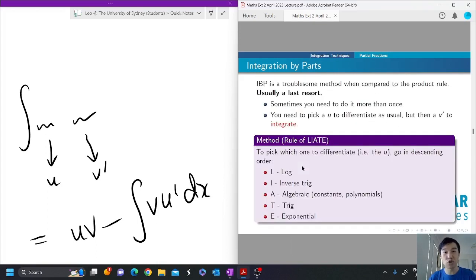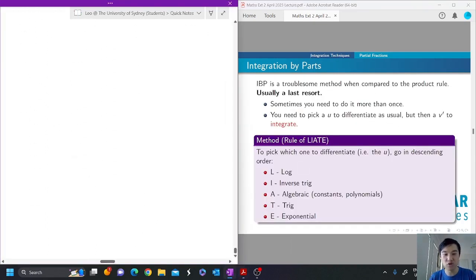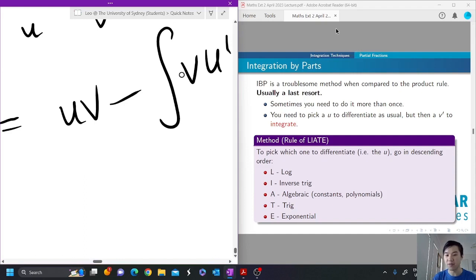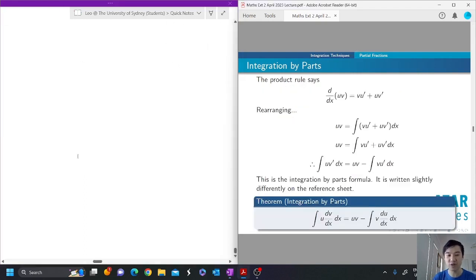The thing is, as cool as this technique is, you should really try to save it as a last resort. As I mentioned, it's the integration version of a product rule, but it's not as easy and straightforward as directly differentiating using the product rule.